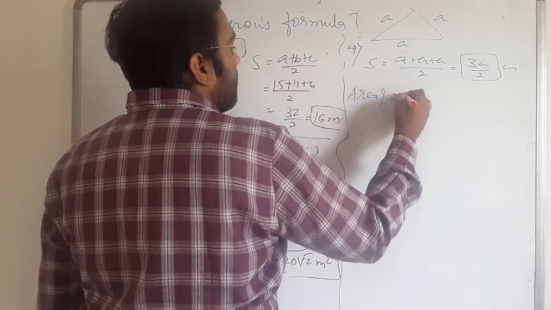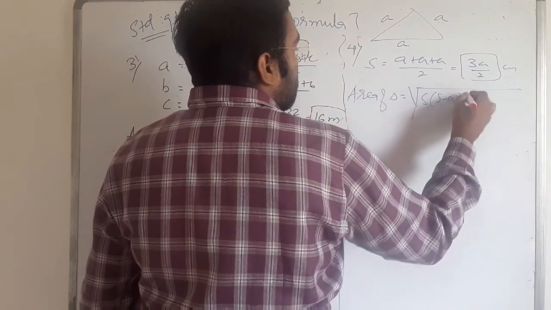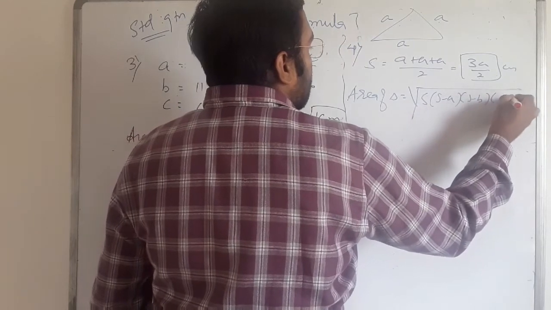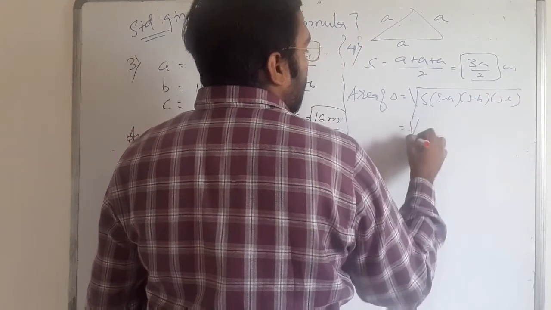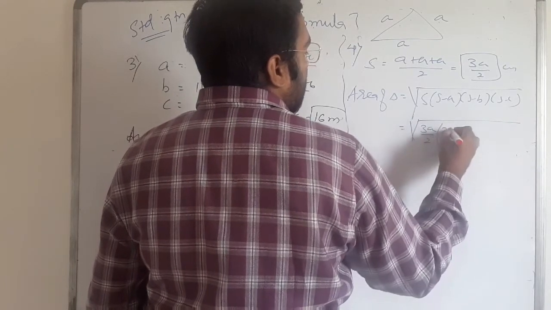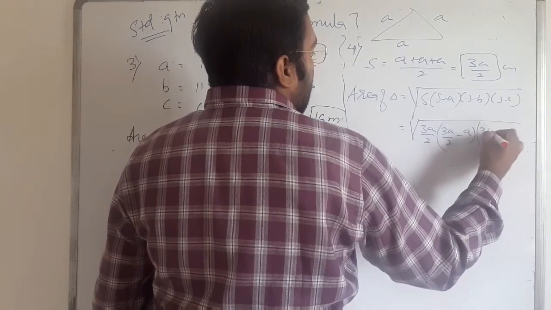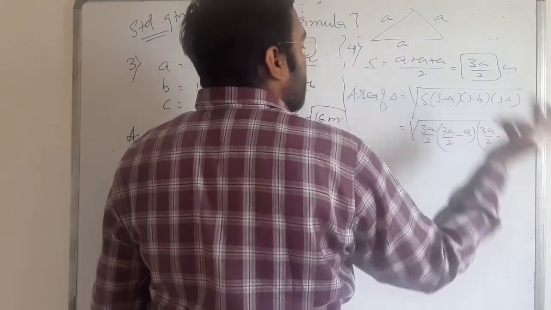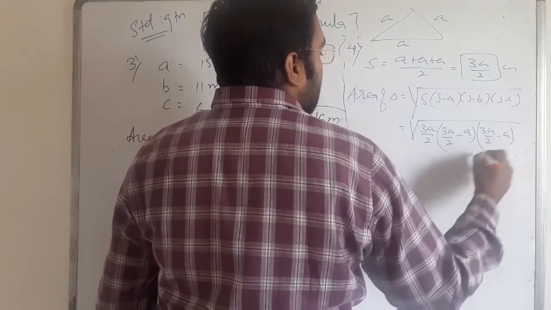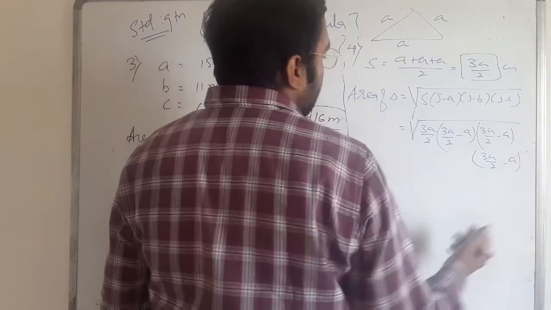So the area of the triangle is the square root of s(s minus a)(s minus b)(s minus c). The semi-perimeter is 3a by 2. So 3a by 2 minus a, my second side is also a, so 3a by 2 minus a, and the third side is also a, so 3a by 2 minus a.